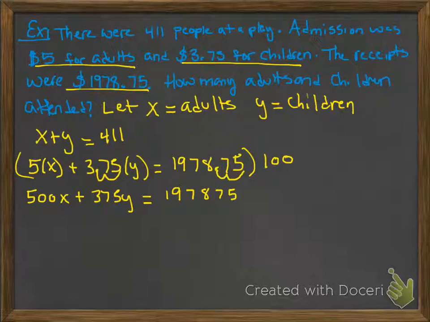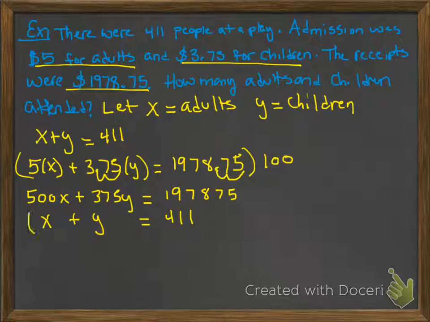And again, I have my other equation, which is x plus y equals 411. So I have multiple different things that I could do here. You could do substitution, solve for x and substitute in for y, or you could do elimination.